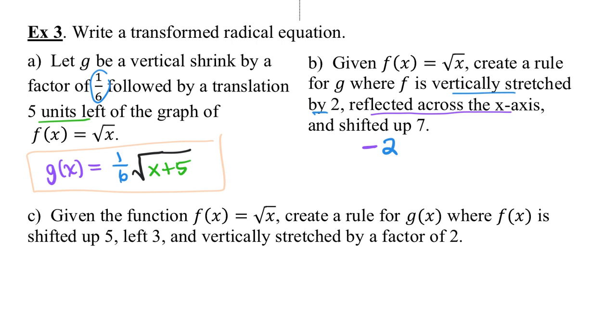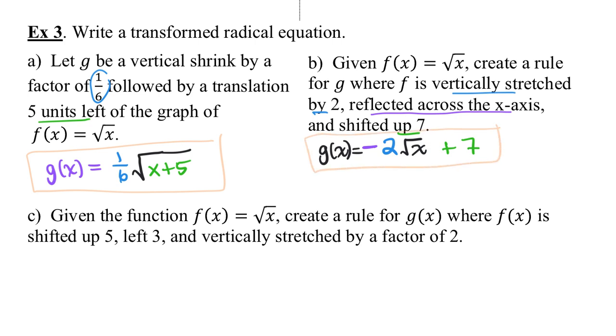And then it goes up 7. What was this function? Square root of x. So square root of x, up 7. I think I got everything, but let's just double check. Okay, f is vertically stretched by 2, reflected across the x-axis, up 7. And this is a square root function. So I think we got it.